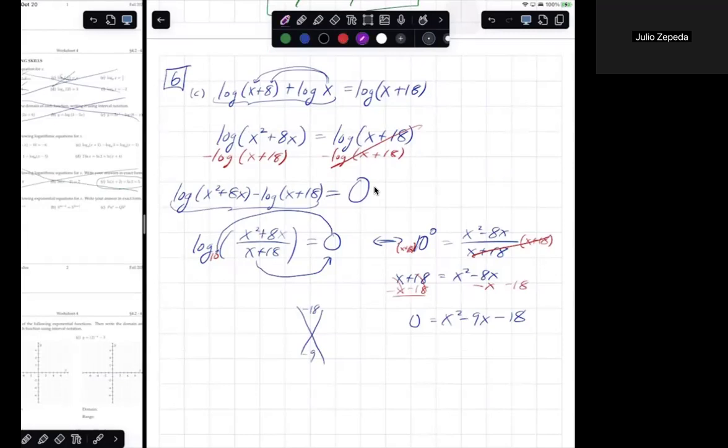This should be a plus 8x. And so if I take 8x and subtract 1x, that's going to give me a positive 7x. Let's see, hopefully this will save us. Positive 7x minus 18. Can we think of two numbers that multiply to 18 and add up to positive 7?